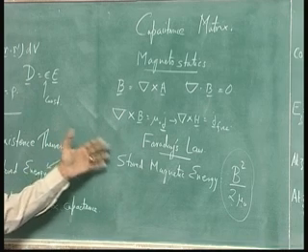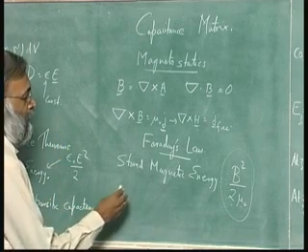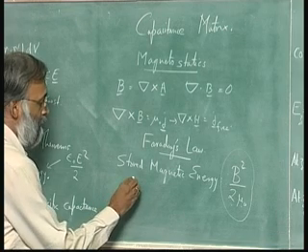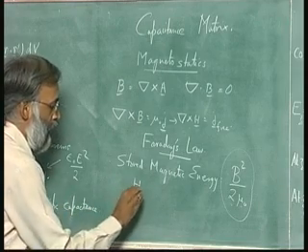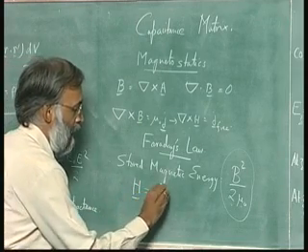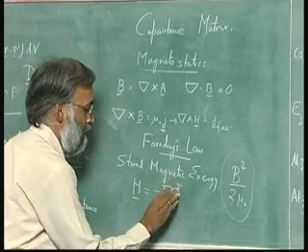There was one topic in here which I did not cover properly, and that had to do with current free regions where you can derive H from a magnetic scalar potential.